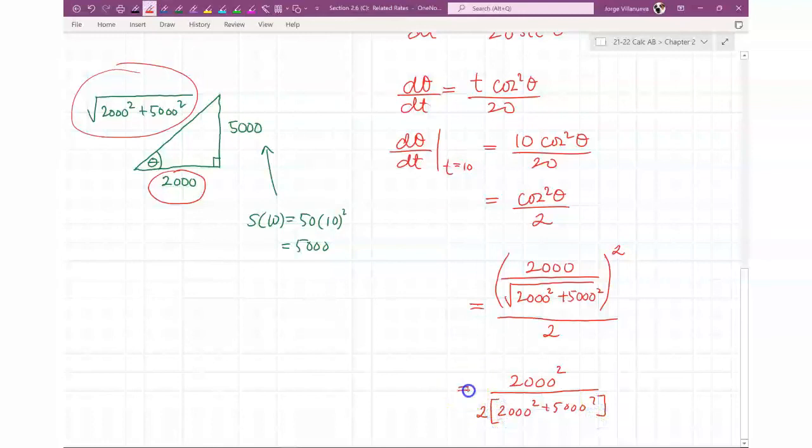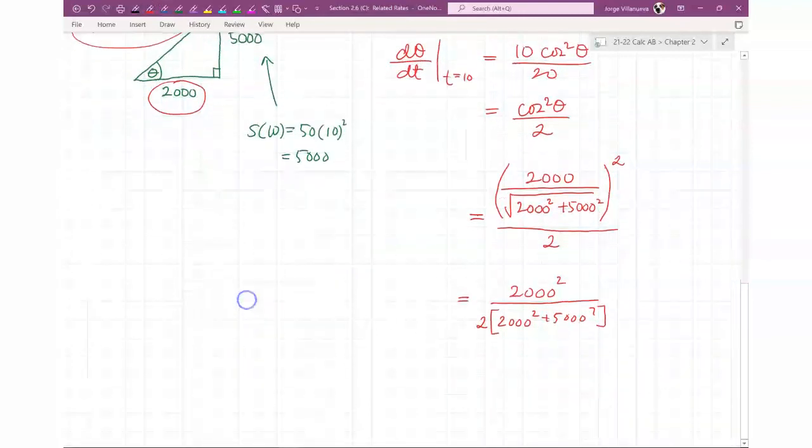That's what it becomes, a little bit more cleaned up. So here's a nice thing. Once you're done doing the cleanup, you end up with 2 over 29.